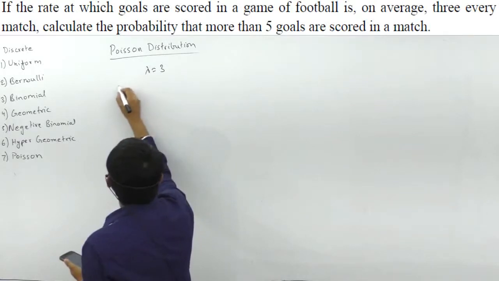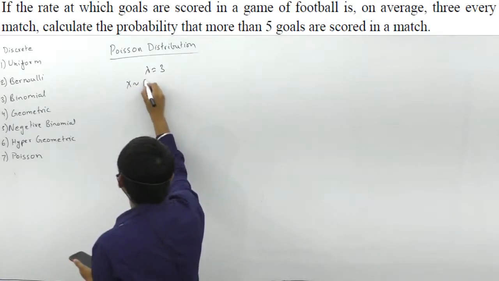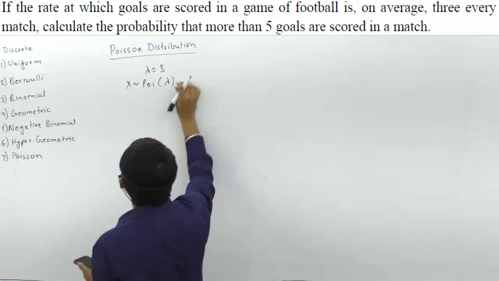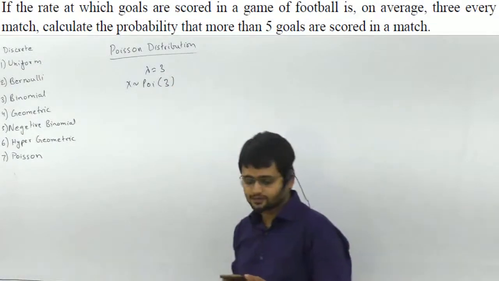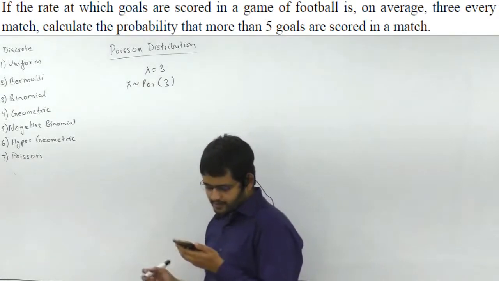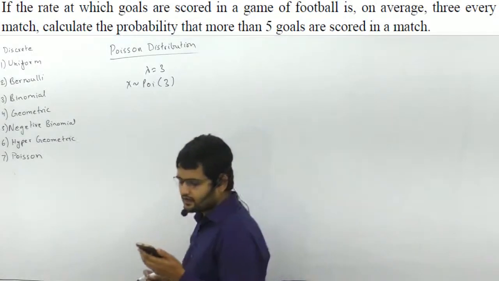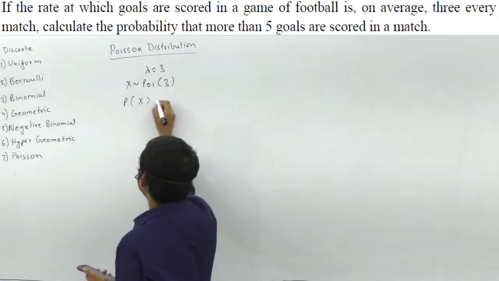So we can say x follows Poisson distribution with lambda, or you can just write 3. X follows Poisson distribution 3, and we have to find out the probability that more than 5 goals are scored in a match. So probability x is greater than 5.